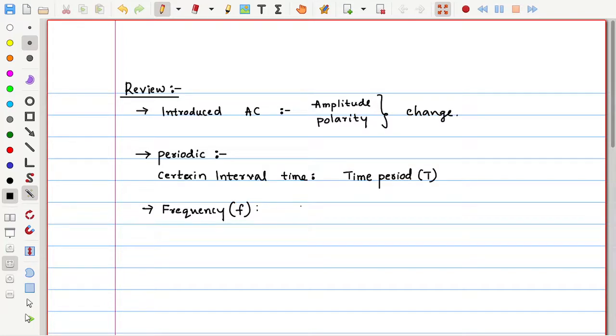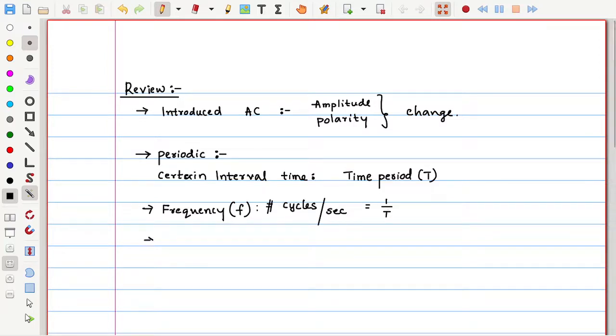The number of repetitions which take place in 1 second is called frequency. Those repetitions we technically call cycles. The number of cycles per second is referred to as frequency, which is equal to the reciprocal of the time period.